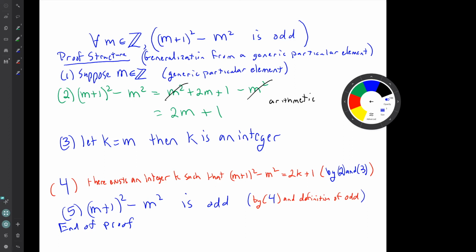So in conclusion of this video, notice that we've done 5 examples. All were involving proving or disproving, and 4 of those 5 examples involved proving a universal statement, and that required a general proof using generalizing from generic particular element or using direct proof, which is the same idea really.